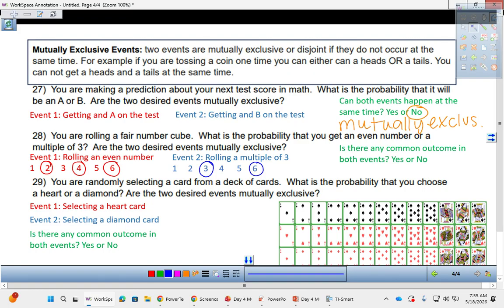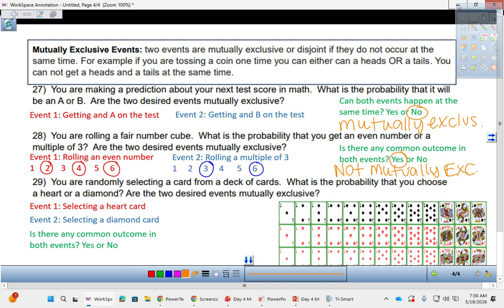Does that make sense? So these are not mutually exclusive. Mutually exclusive are two events that can't happen in one roll. So the answer is yes. So these are not mutually exclusive, because in one roll I can satisfy both outcomes.